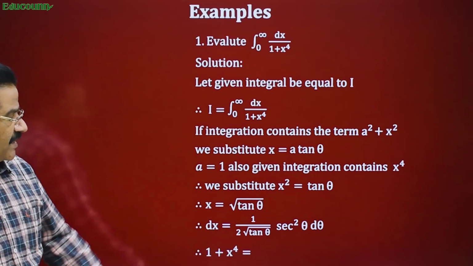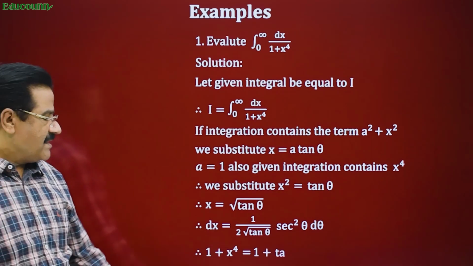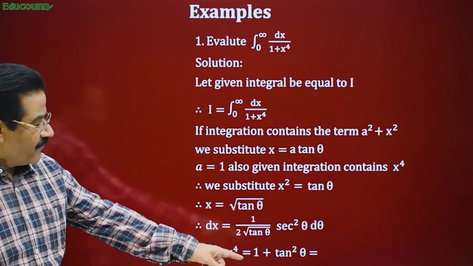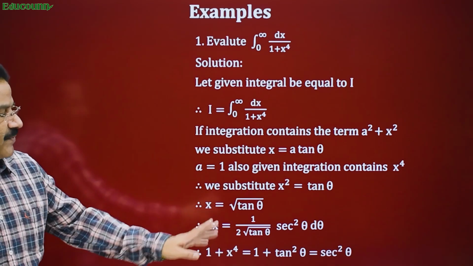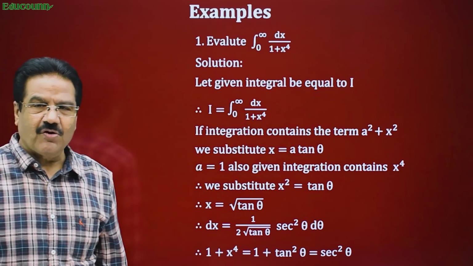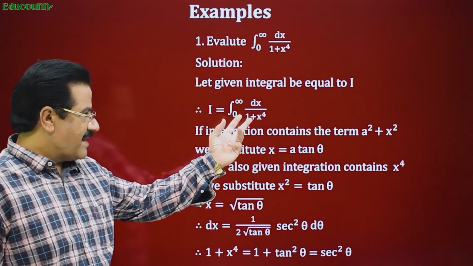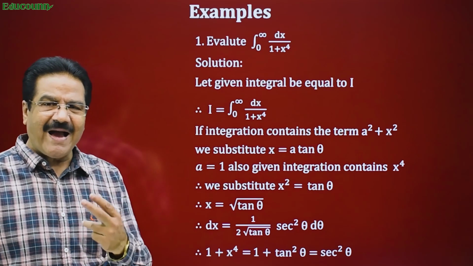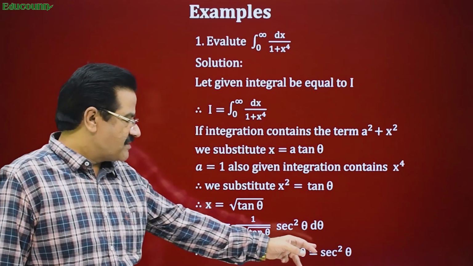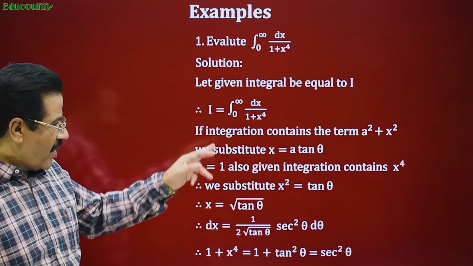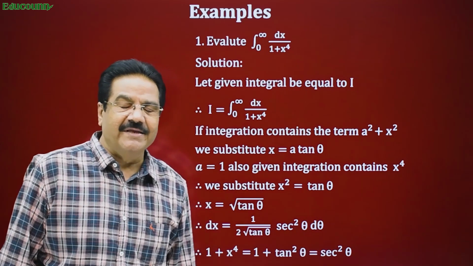So 1 plus x raised to 4 is equal to 1 plus tan square theta, and therefore we get sec square theta. That is exactly what I was talking about: we have to do the substitution in such a manner that this entire term gets replaced by an identity. So 1 plus tan square theta, in short, the value of the denominator is now sec square theta.